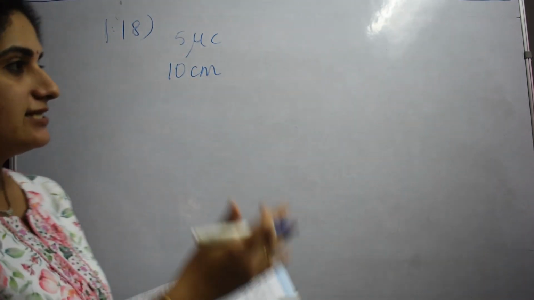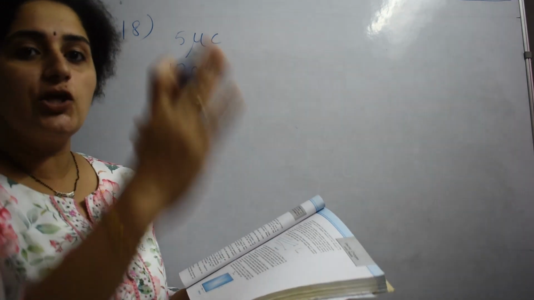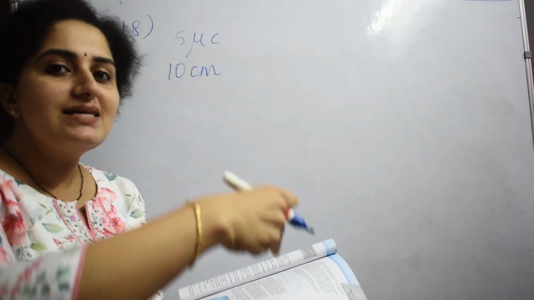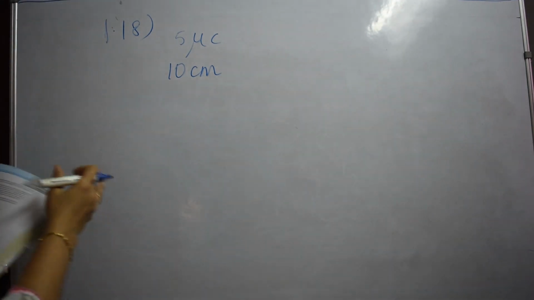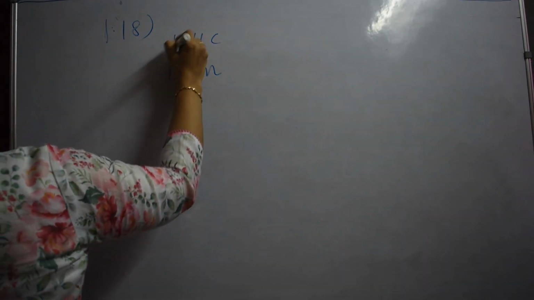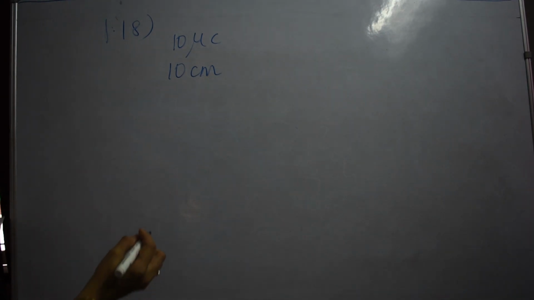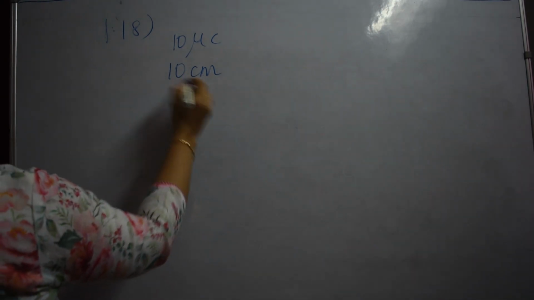So you have to consider the square as a cube wherein you place 10 microcoulomb at the center of the cube.